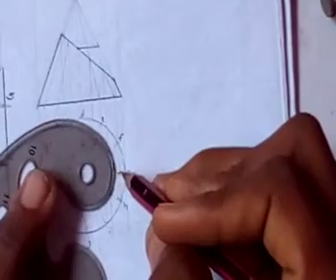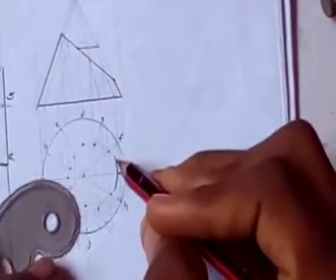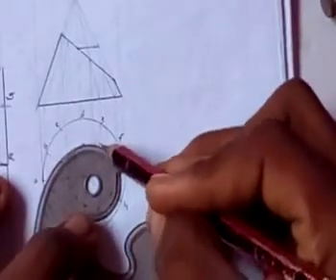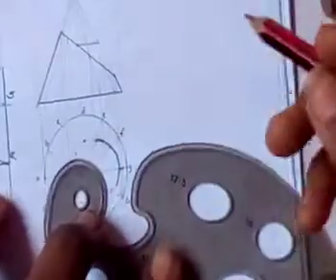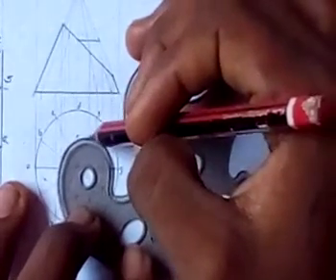As you can see, that's what I'm doing here. I'm joining the points together to trace the curve of this shape. As I'm joining them, it's forming the shape of the plan.